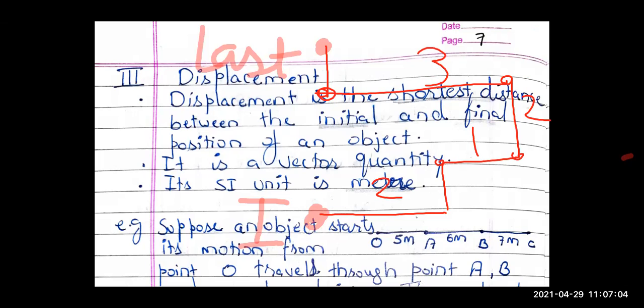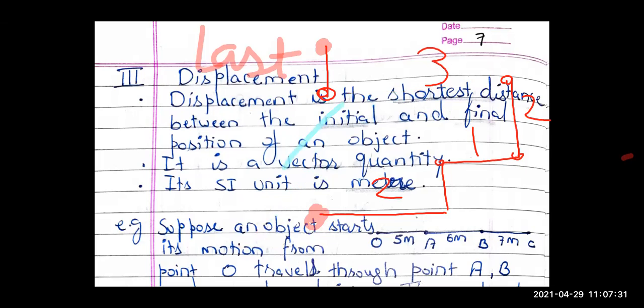Your displacement is going to be the shortest distance between the initial and final position. So this black line is your displacement. That is, initial और final position के बीच में जो shortest distance होता है, जो straight distance होता है, that is displacement. Getting? Okay.